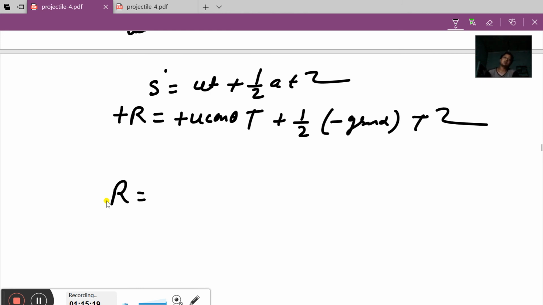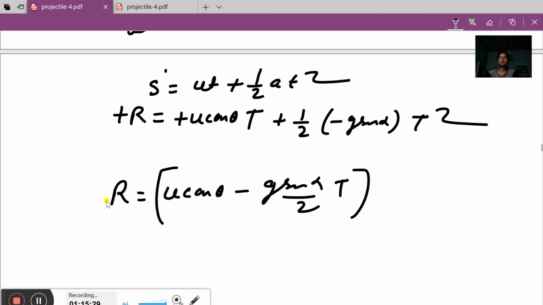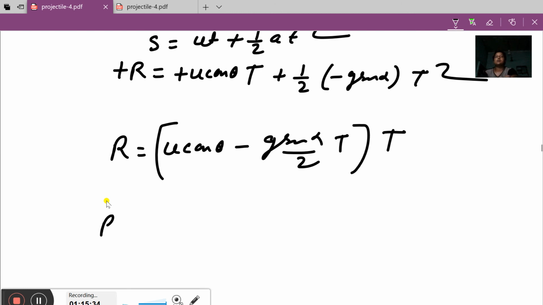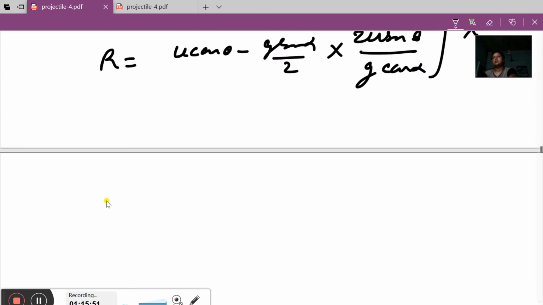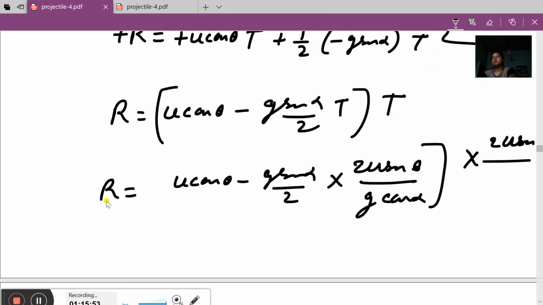So range R is u cos theta minus g sin alpha over 2 into T into T. Notice time of flight is 2u sin theta over g cos alpha.